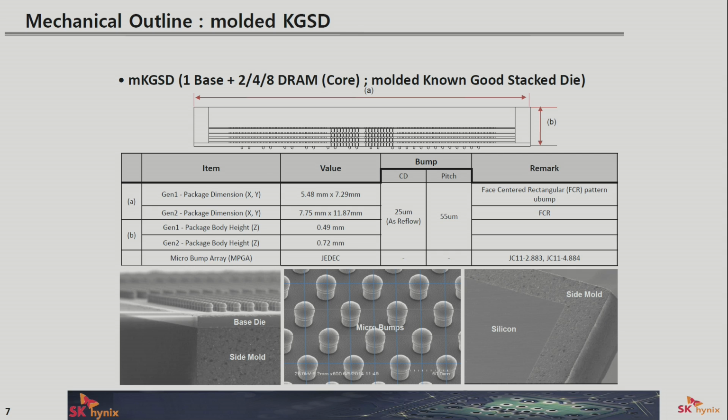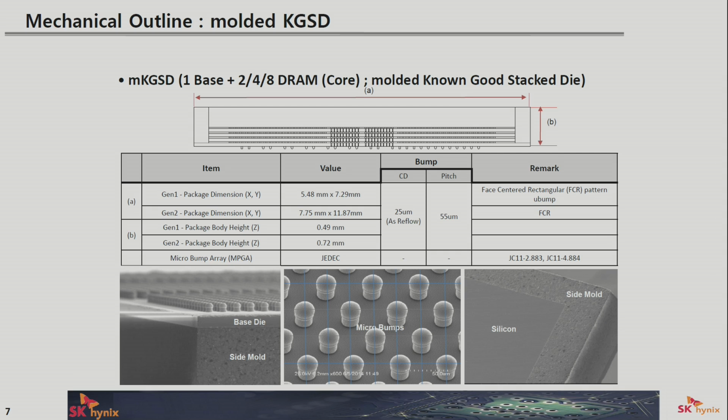The central figure shows the micro bumps on the base die of the device. JEDEC defined them to be in a staggered formation, and the micro bumps on the base die, for us at SK Hynix, are 26 micron in diameter. The pitch is 55 micron, and so it limits the type of interposer technologies or the packaging technology that can route and interface to these micro bumps.